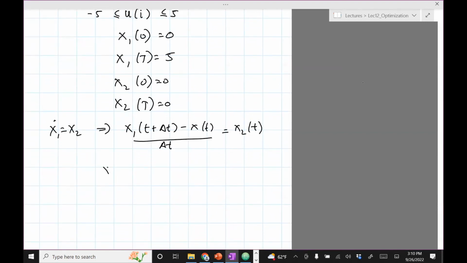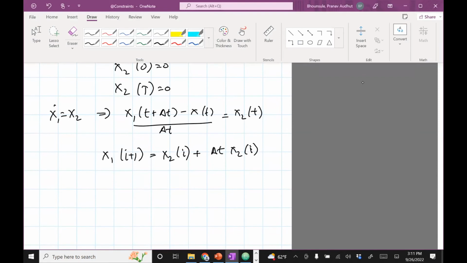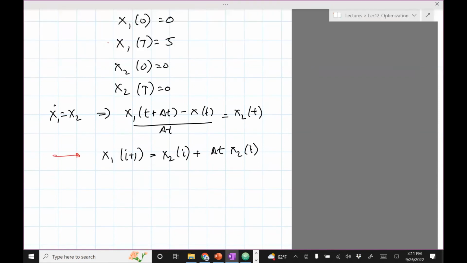So it will become x1 of I plus 1 equals x1 of I plus delta t x2 of I. So you see that I used forward difference, or Euler's method, to discretize the system dynamics.